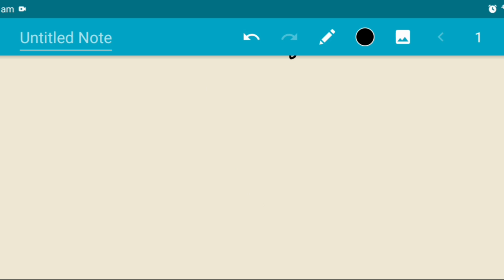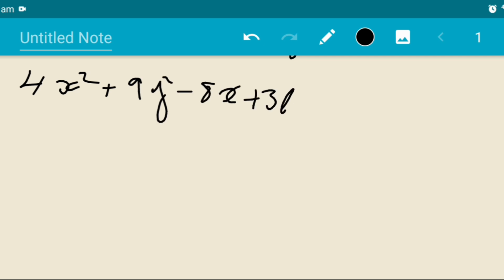So we're being told, find the center, vertices, and foci of the ellipse. Okay, so the equation is 4x squared plus 9y squared minus 8x plus 36y plus 4 should be equal to 1.